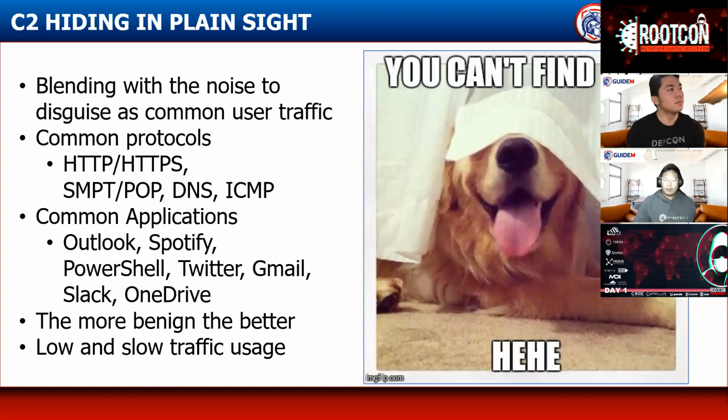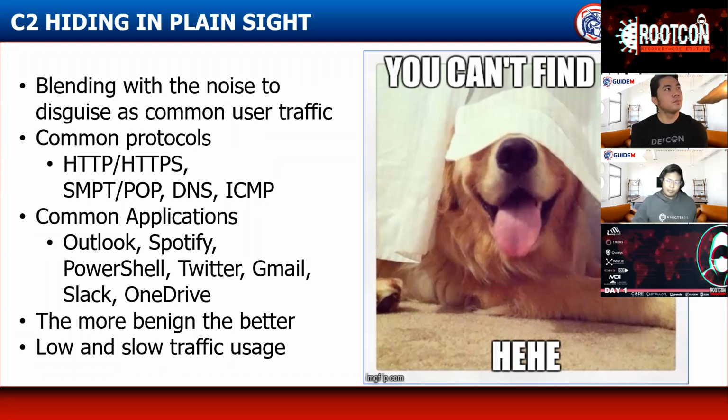So C2 or command and control hides in plain sight. Most of the times we currently see that the threat landscape nowadays when it comes to establishing command and control channels, the first objective is to blend with the noise, look for the organization's applications that are being used, leverage them in order for them to blend in perfectly or stealthily inside the network environment wherein defenders actually have a hard time detecting these malicious activities.